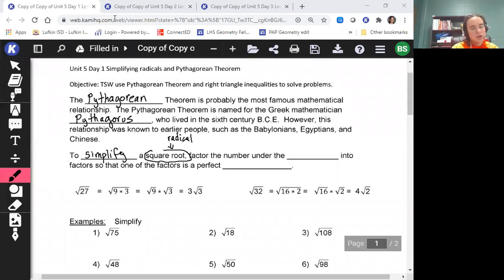And to factor your radical, which is your number under the square root, we need to factor the number under the radical into your factors so that you have one number that is a perfect square.